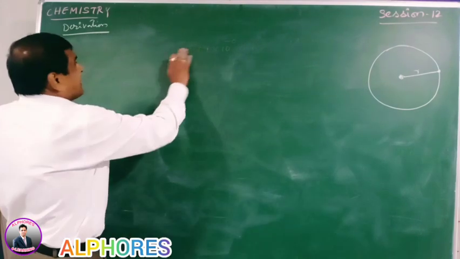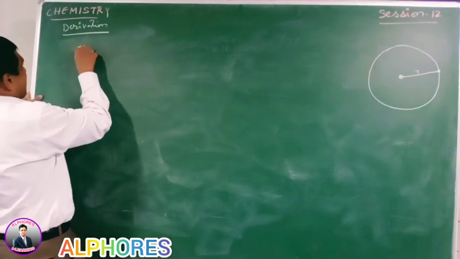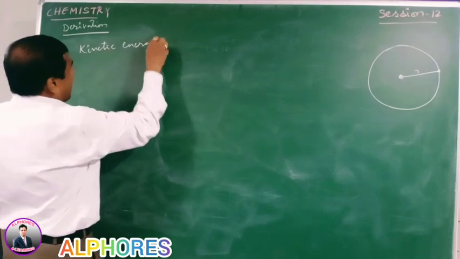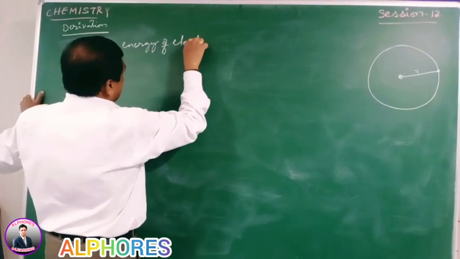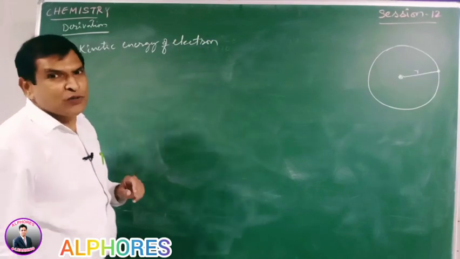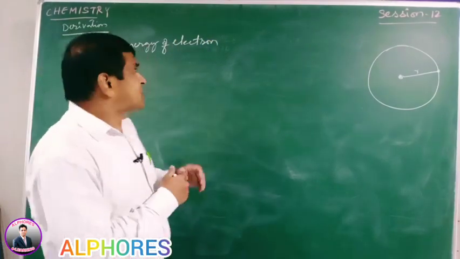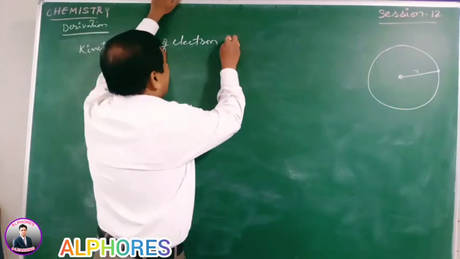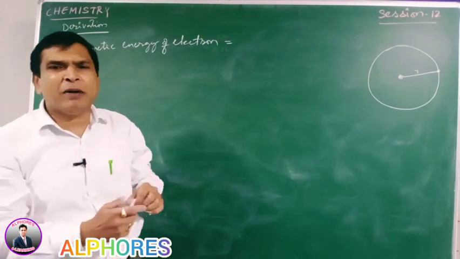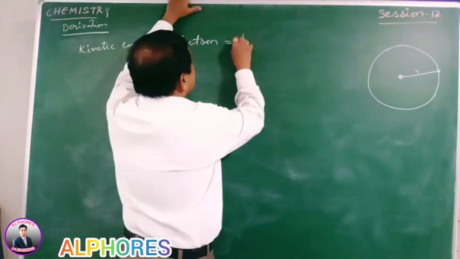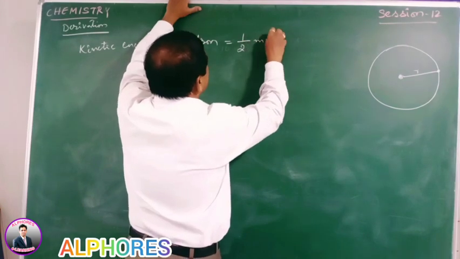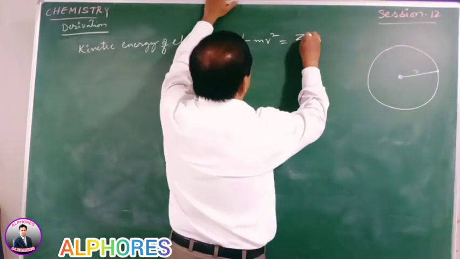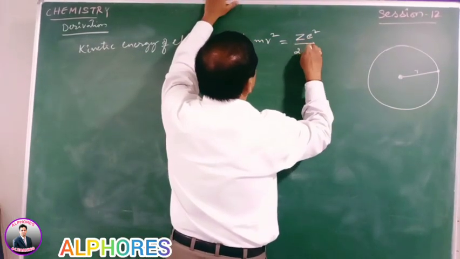Now the kinetic energy of the electron around the nucleus when it is moving around the nucleus, due to its motion, can be represented by half mv square, which can also be represented as ze square by 2r.